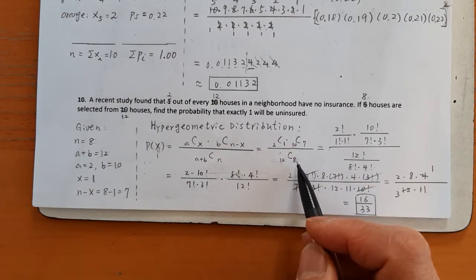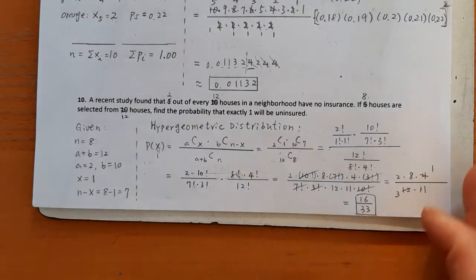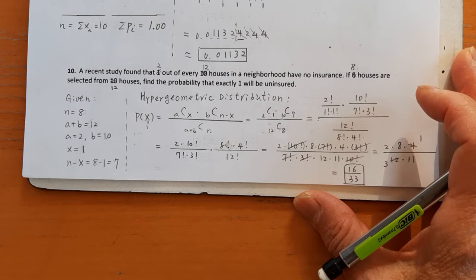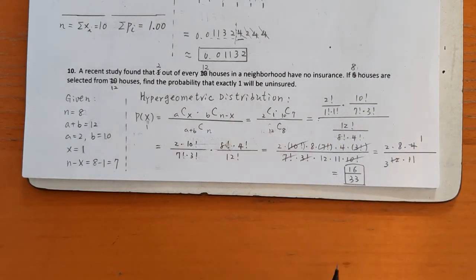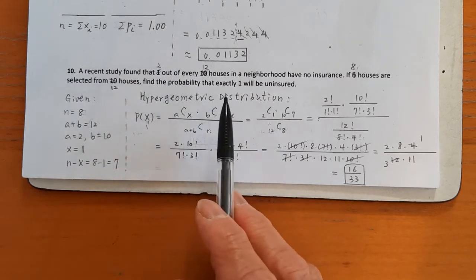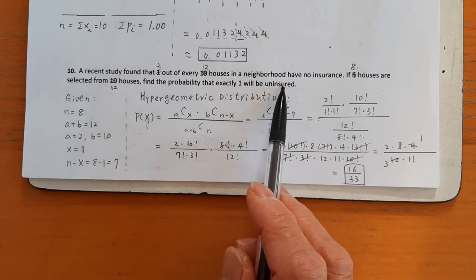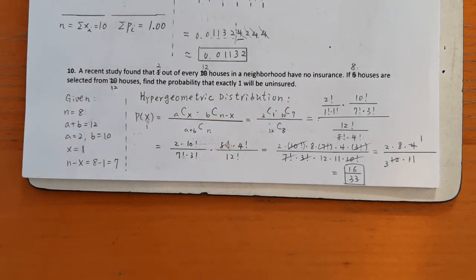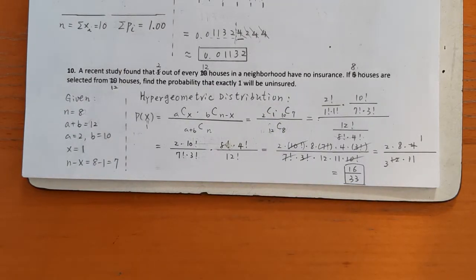That's the total outcomes: from 12 houses, you select 8 houses. The probability we want is among those 8 houses, exactly 1 is uninsured and the remaining 7 are insured.